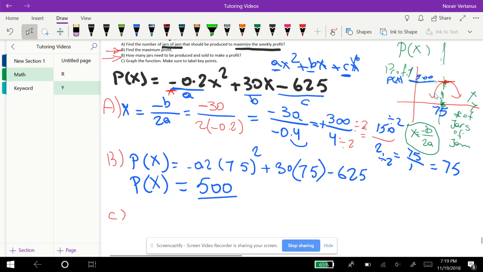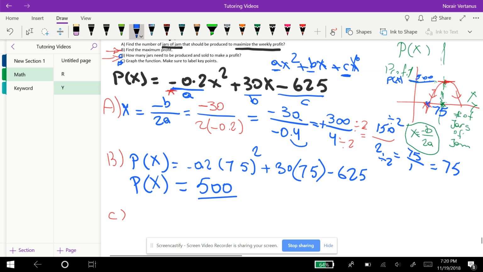They're looking at this point. A profit means anything greater than 0, right? So we need to know what this intersect is, the number of jars that they need to sell. This is a rough graph. It's not the graph for this one. I didn't graph it. That's part D of the question. Actually, that's supposed to be C, and this is supposed to be D.